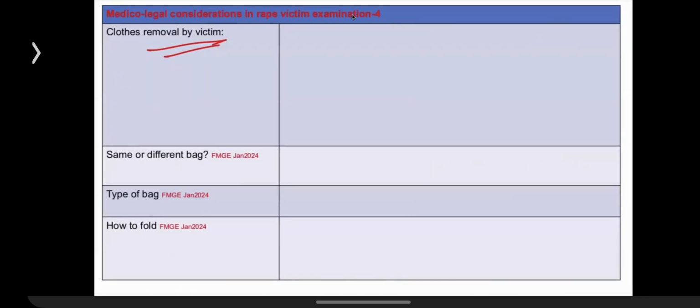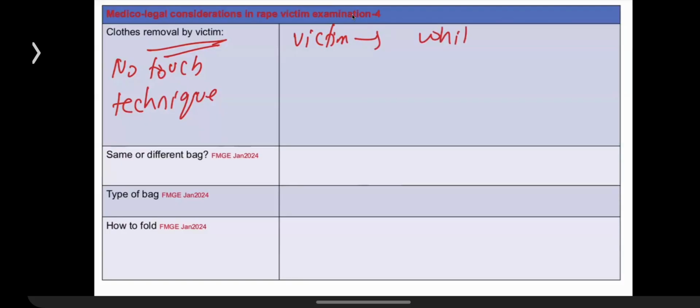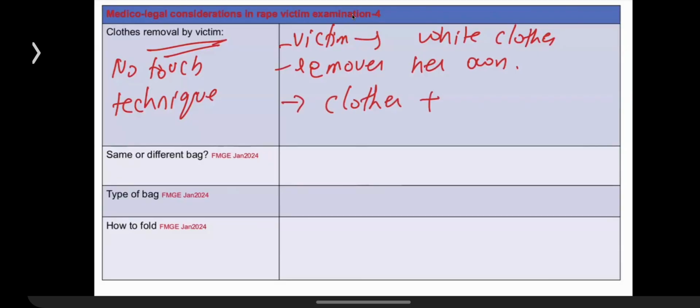Clothes of the victim have to be removed by the no touch technique. The victim stands on a white cloth and removes her own clothes, and then you collect the clothes plus the sheet.